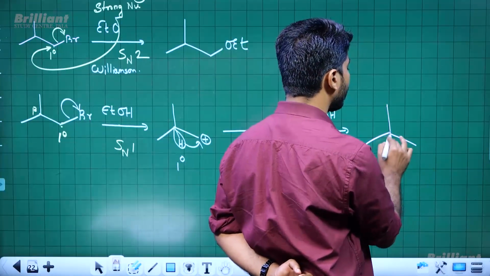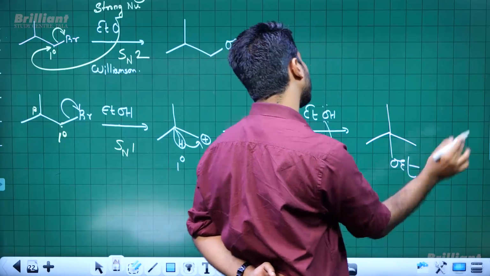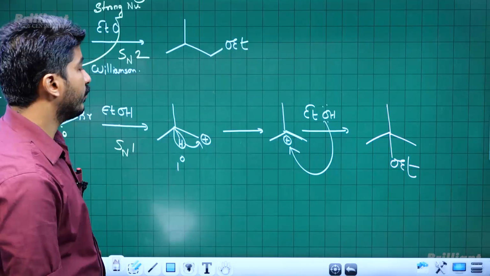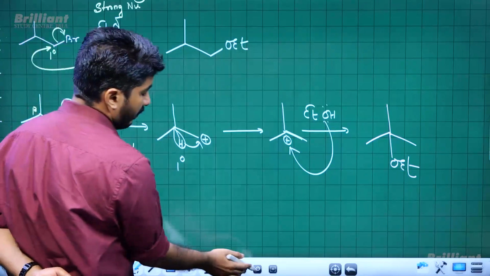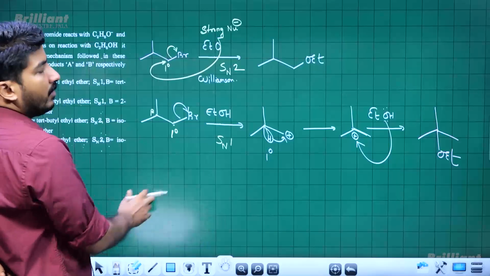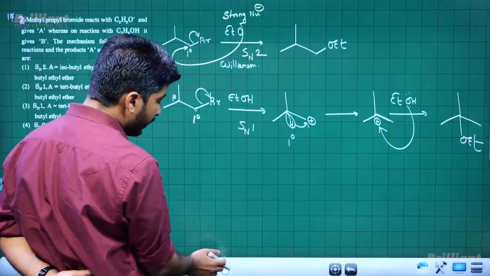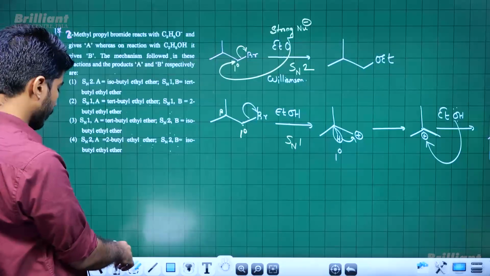Right, solvolysis using an alcohol solvent also produces ethers. Using water produces alcohols. Yes, so these are the products, and both are ethers, but different ethers.